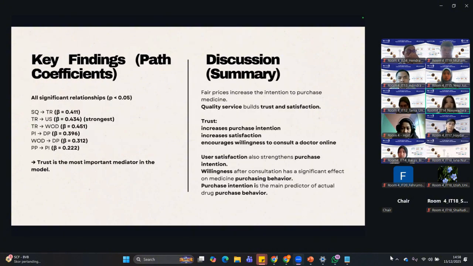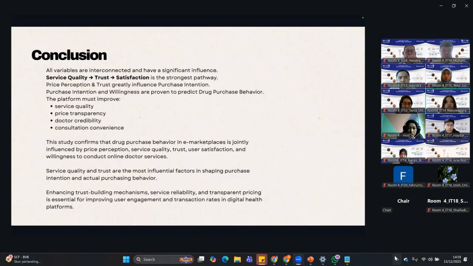Okay, so here are the significant hypotheses. For the conclusion, this study confirms that drug purchase behavior in e-marketplaces is jointly influenced by price perception, service quality, trust, user satisfaction, and willingness to conduct online doctor services.